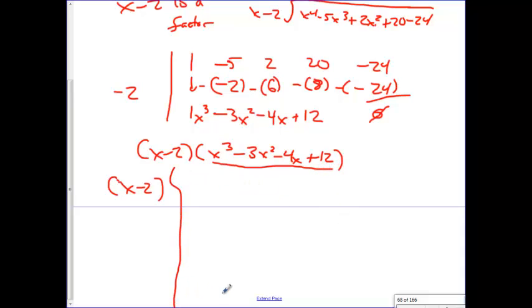Okay, so I'm just going to leave that x minus 2 we already found off to the side. If 3 works, what is the factor? X subtract 3. Okay, so then what I'm going to try doing is synthetic division again. I'm going to go x subtract 3, and I'm going to divide it into this guy's 1, minus 3, minus 4, and 12.